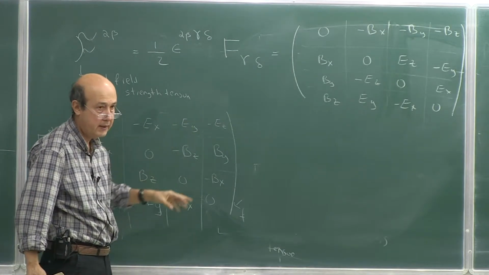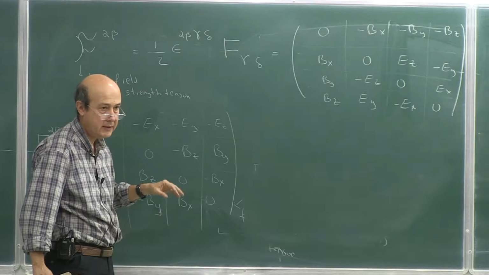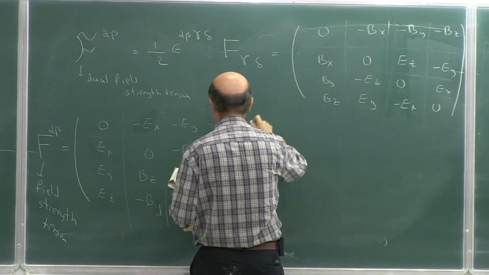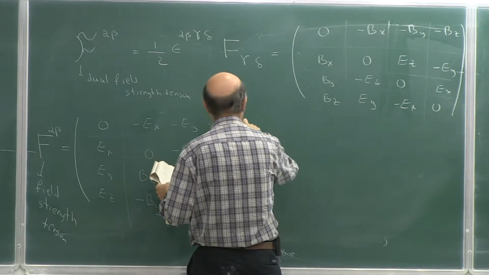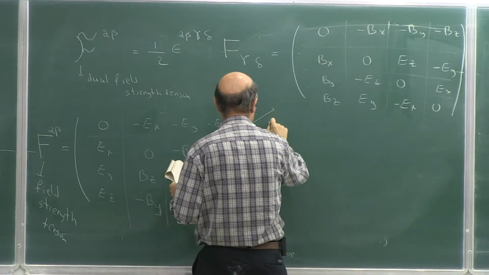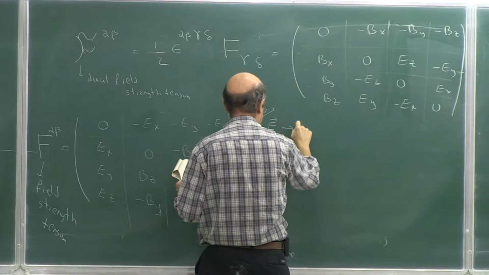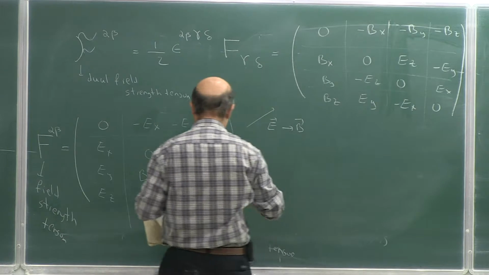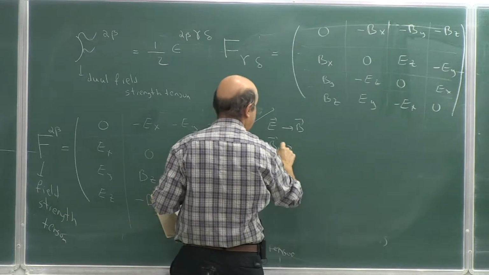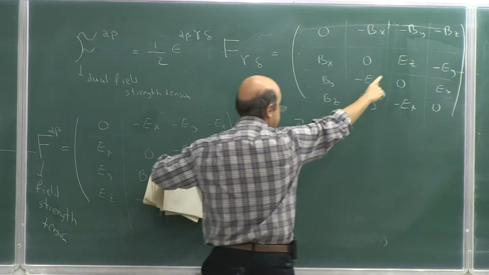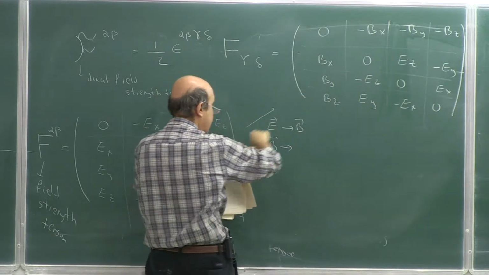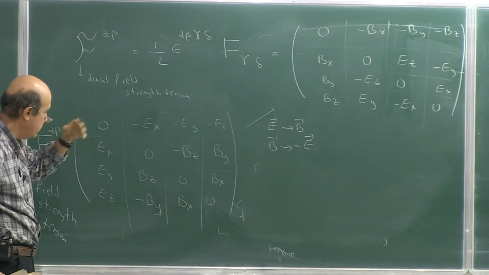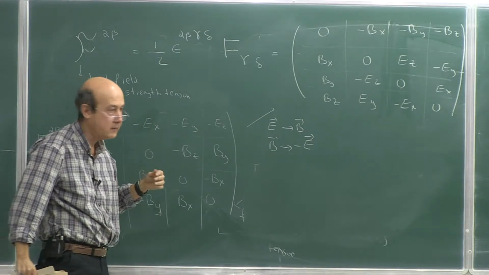E goes to B, B goes to minus E, I think. So the change between them is the following: E goes to B, B goes to minus E. Okay, the sign is changed. So this is the dual field strength tensor, and you see that the duality E and B are replaced.